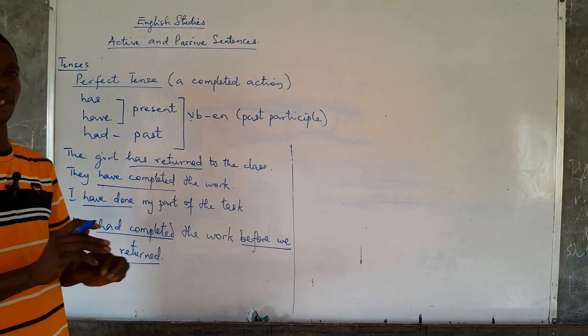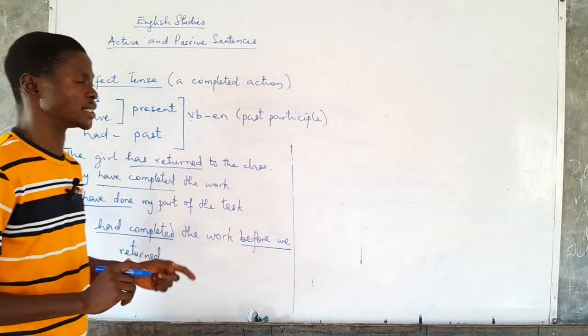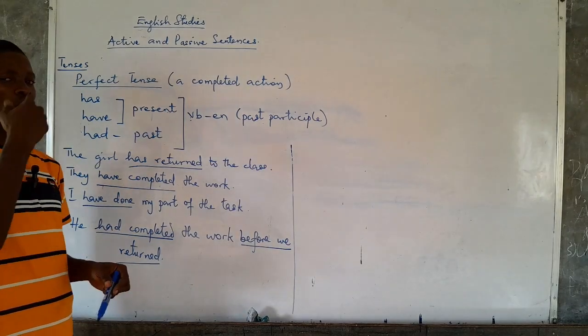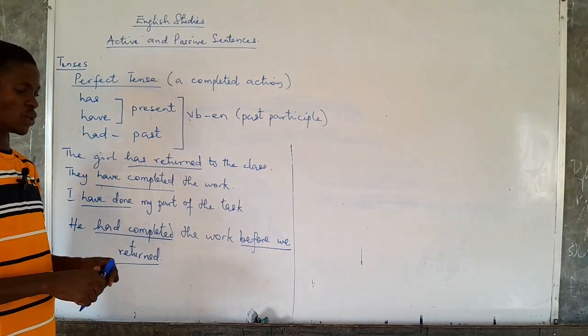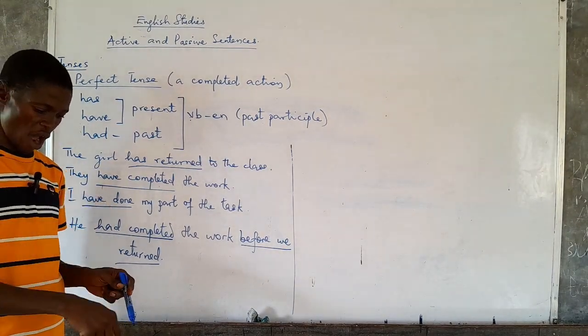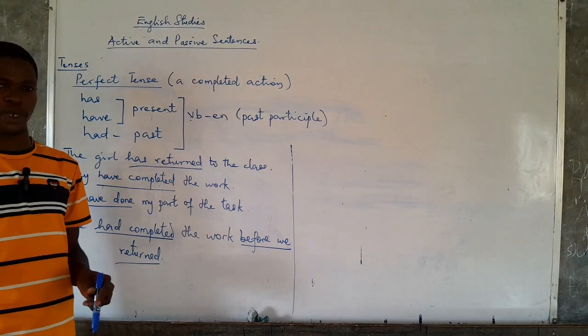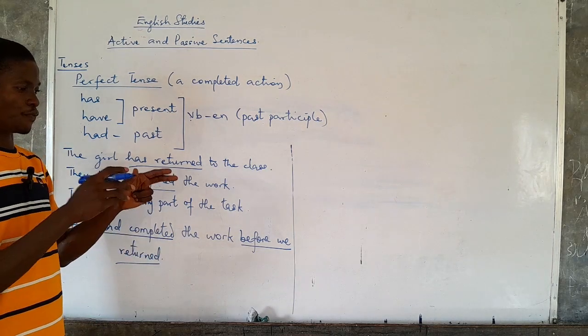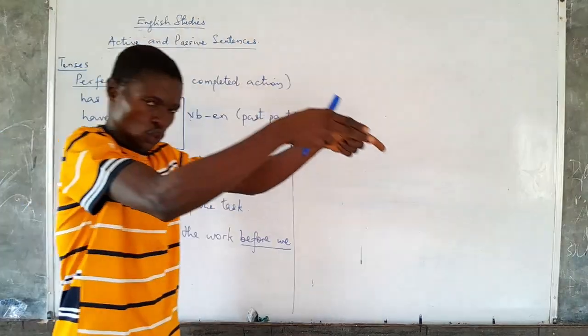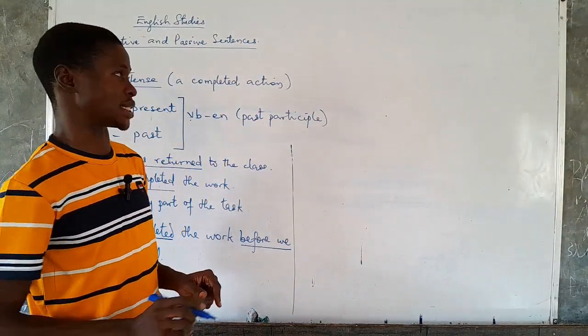We have not even started that. Do not forget, simple is what we do regularly. Continuous is what we are doing now, at the moment. Perfect is what we have completed. And future is what we are going to do. We have not started that.